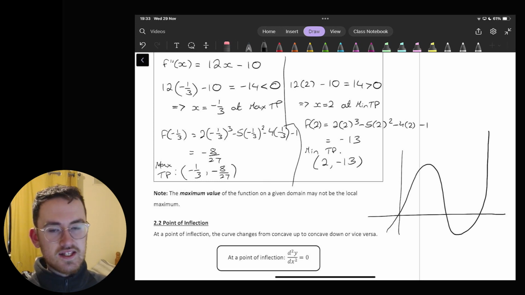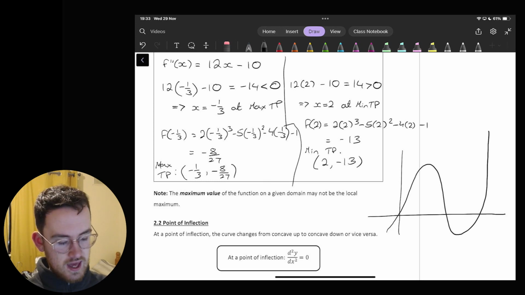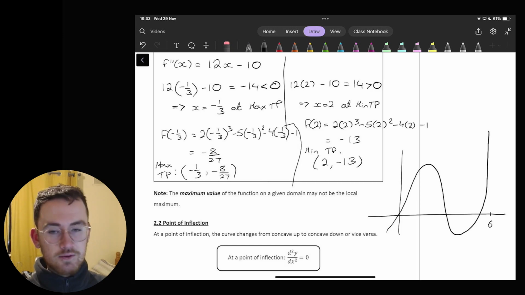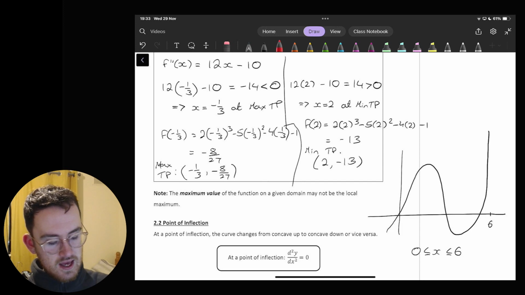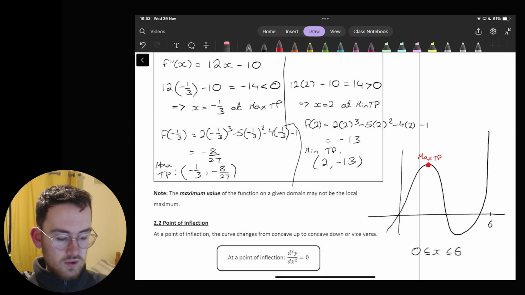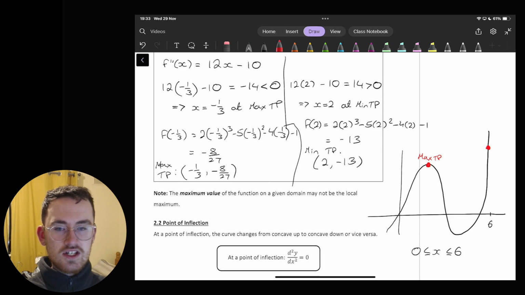And say we're given this snapshot of the function here, and let's call this x equals 6, and we're asked to describe the maximum value on the domain 0 to 6. So on the x values from 0 to 6. I do have a lovely maximum turning point here, and my instinct might be to say, oh yes, that's my maximum value. But in fact, we can see here that the function actually reaches a higher value at x equal to 6.